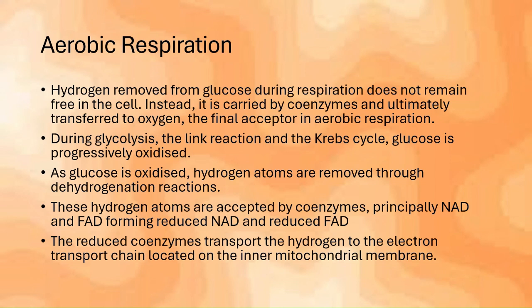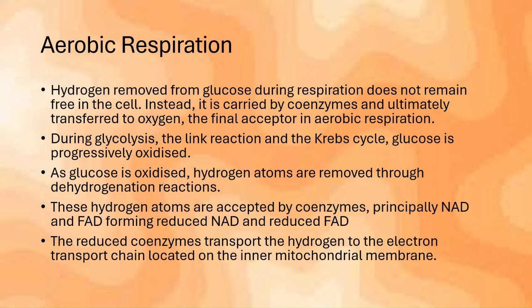During glycolysis, the link reaction and the Krebs cycle, glucose is progressively oxidized. And if you want more detailed videos on these processes, it's covered in topic 5, which is fully uploaded, so do check it out if you want. As glucose is oxidized, hydrogen atoms are removed through dehydrogenation reactions.